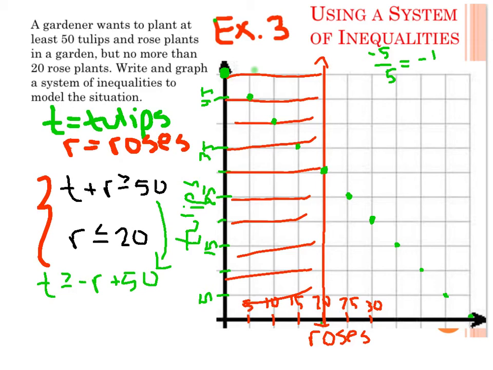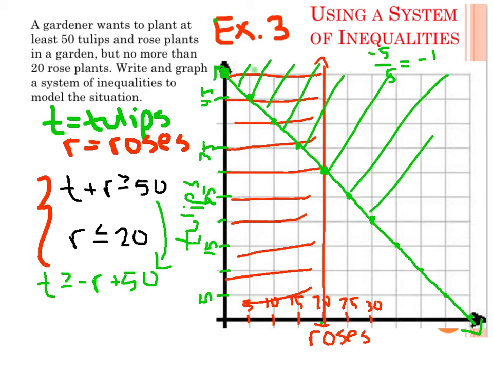All right, and then I'm going to connect my dots. Now we have greater than or equal to, so we're going to shade above. So your solution is going to be this overlapped region over here.